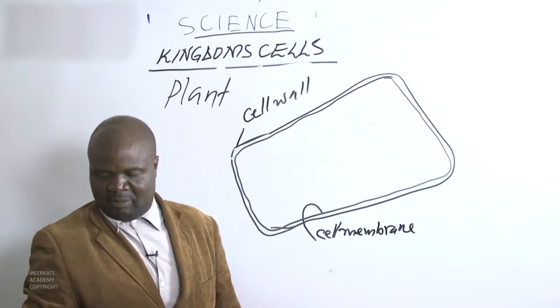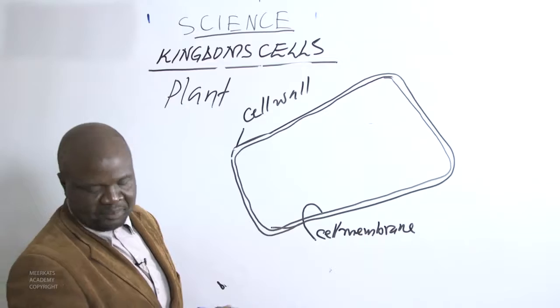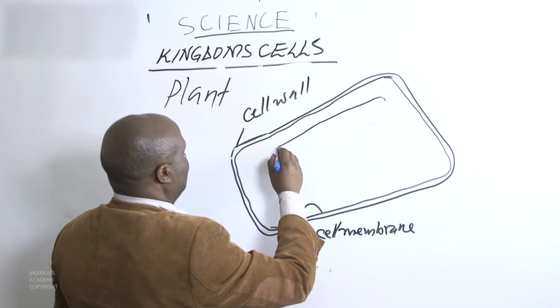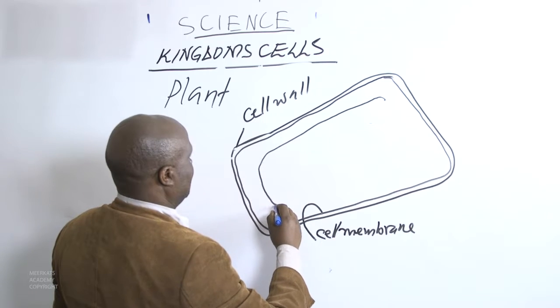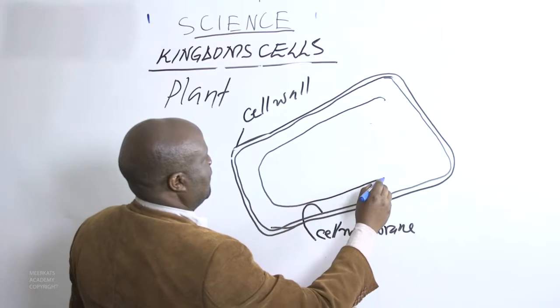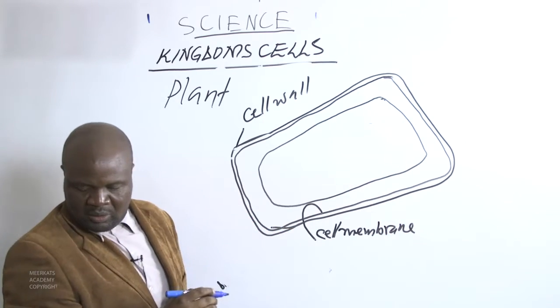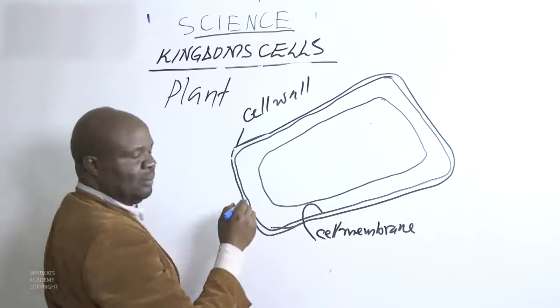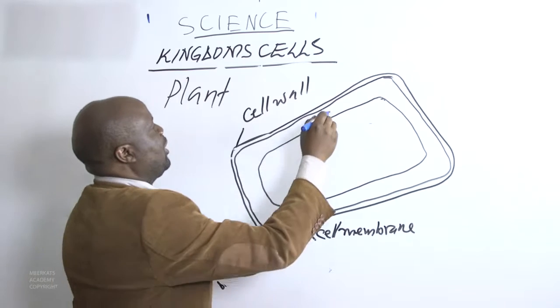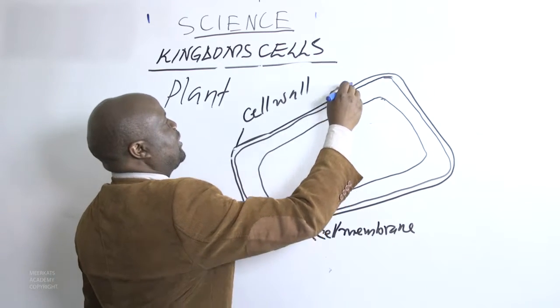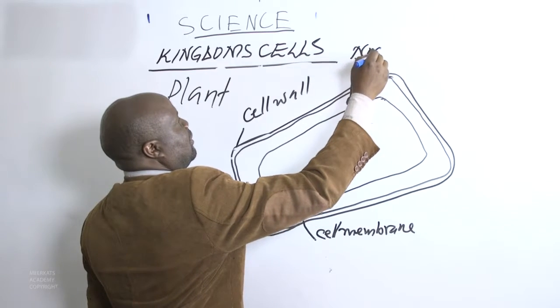Now that is the cell membrane, and then something else. This black dot represents the nucleus.